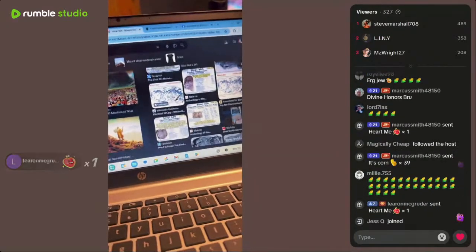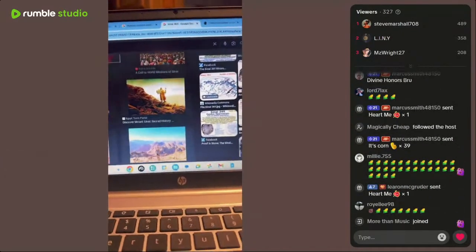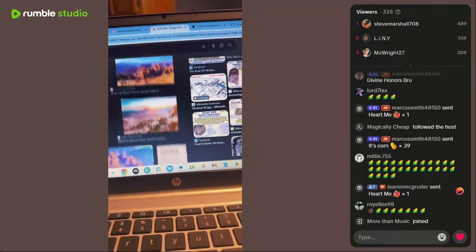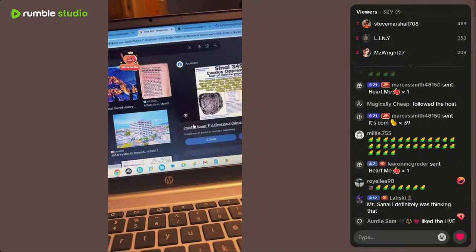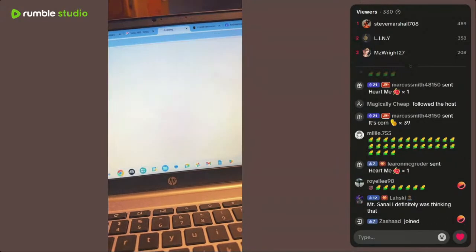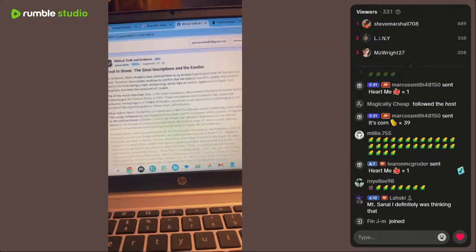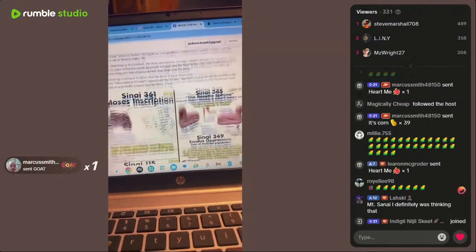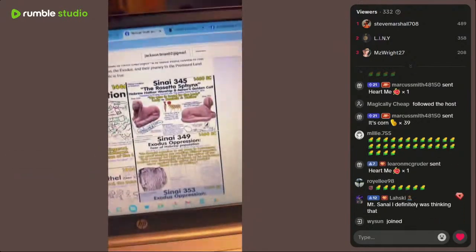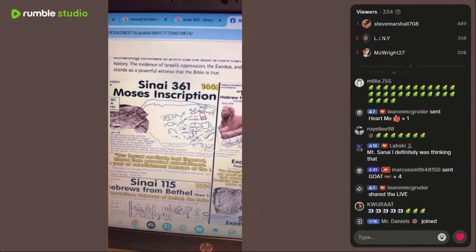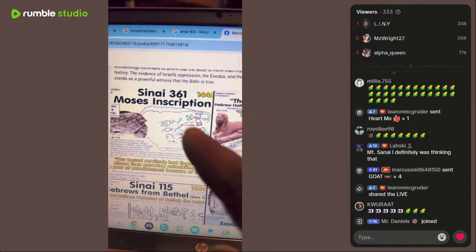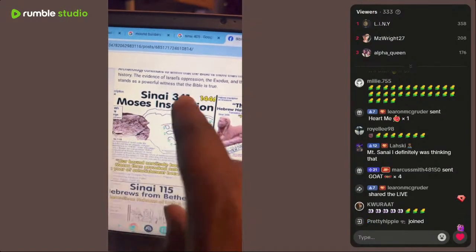That's where you get Mount Sinai from in the Bible. Sinai 349, Exodus oppression. Watch this. Look. Sinai 361, Moses inscription. This is an ancient story of our people. That's why it's written in stone, people.